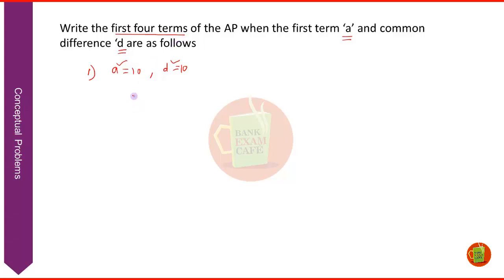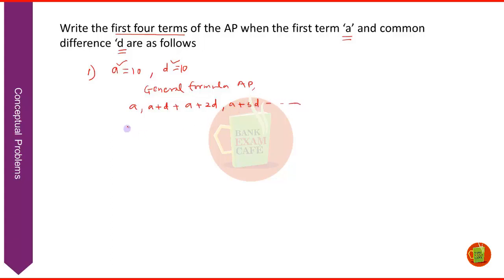As we know that the general formula for AP is A, A plus D, A plus 2D, A plus 3D, and so on.